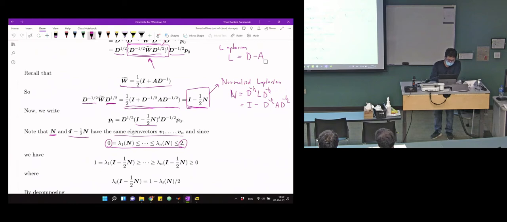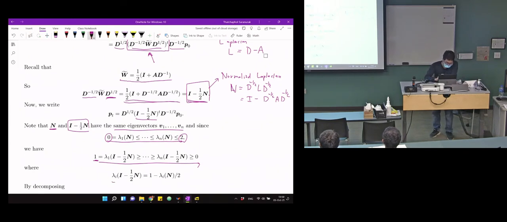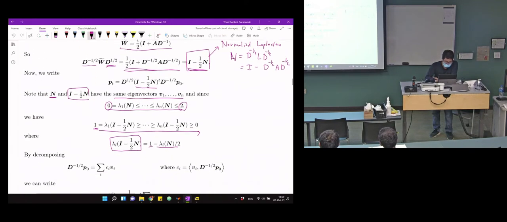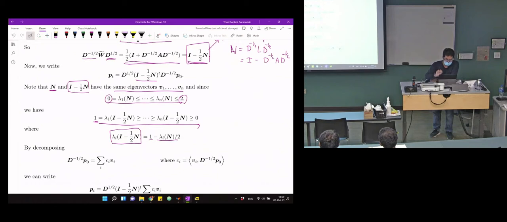So the eigenvalues of this guy will start from 1 and go down to 0, and the ith eigenvalue here will be just 1 minus this thing.